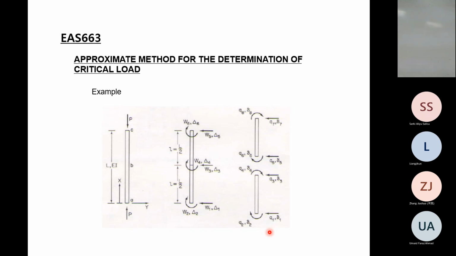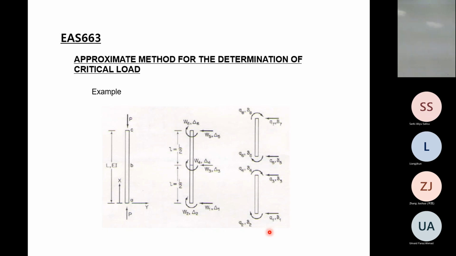This is in general, no support conditions. Of course, later we will see how the support conditions are considered. This is completely free, floating in the air. And later when we introduce supports, such as fixed, how do we actually consider that in the solution process?